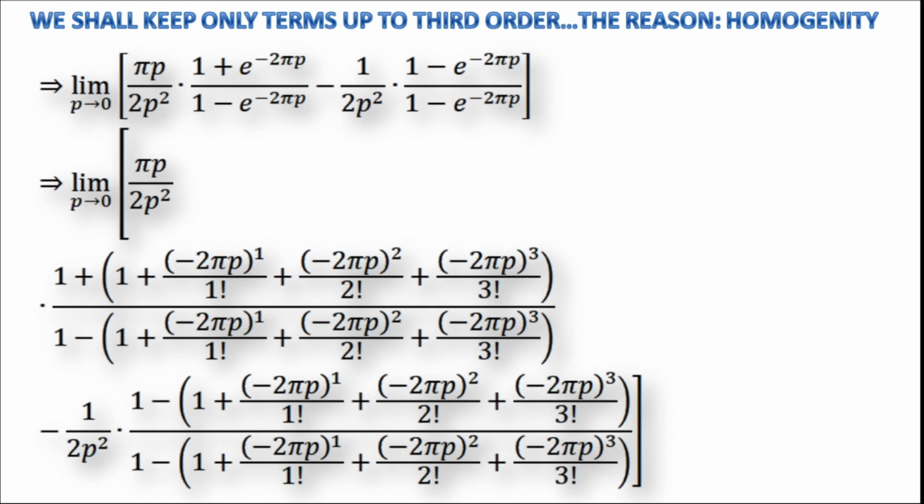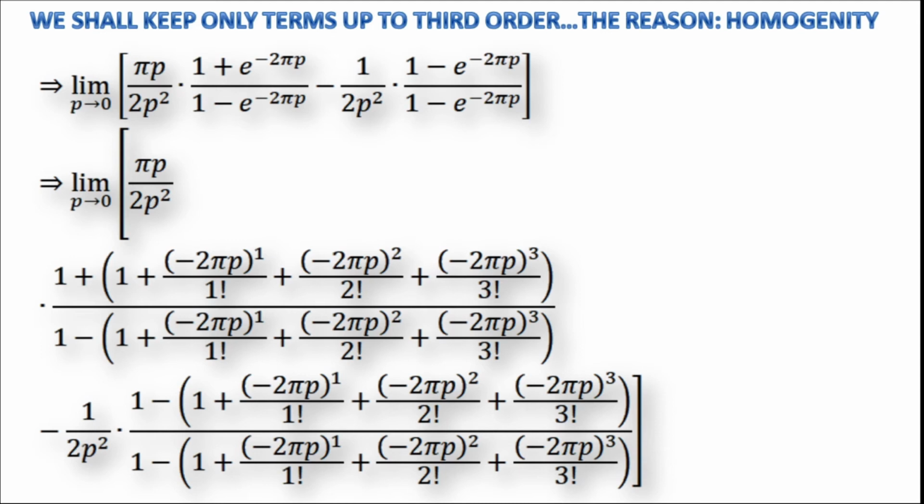So I'm going to keep the powers of p only up to the third degree. Also, if you look carefully, we have multiplied the second term of the equation downstairs and upstairs by 1 minus e power minus 2 pi p in order to make the denominators of those two terms the same, so that we can do algebra easily.